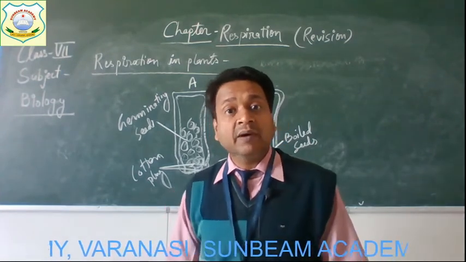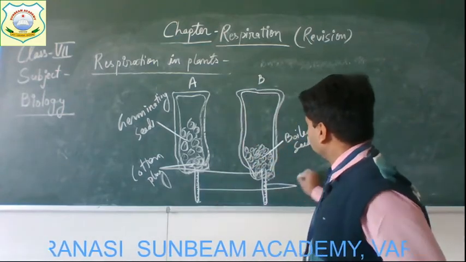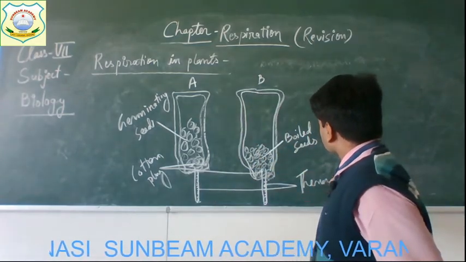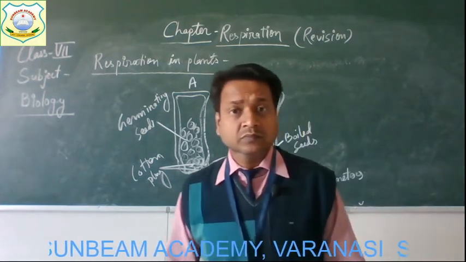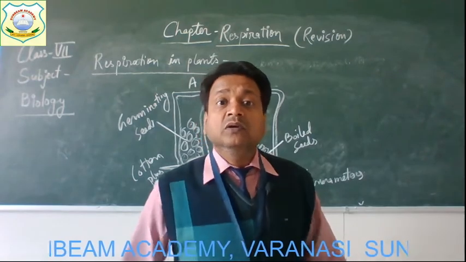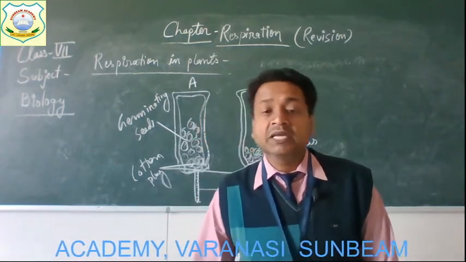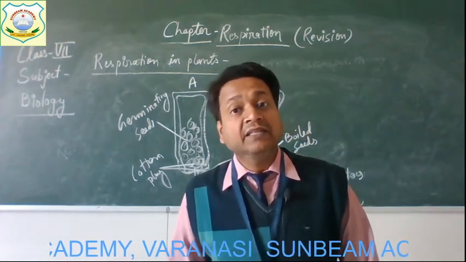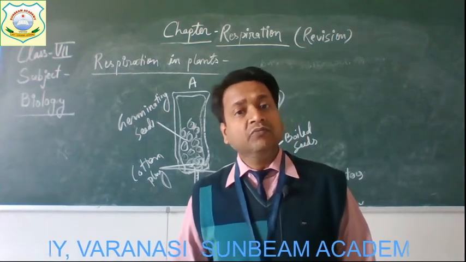Now insert thermometers in both the flasks. So these are the thermometers. Get it? After inserting the thermometers, measure the temperature of the flask at the beginning of the experiment and each day for a week.